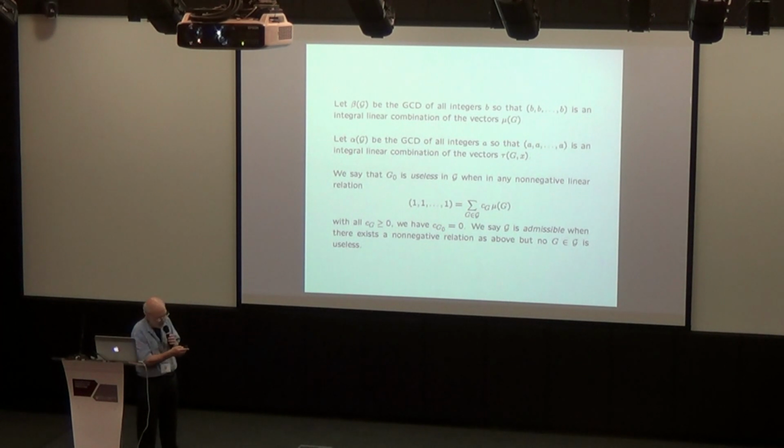This is funny language. I wish I hadn't used it. G is admissible when there's this non-negative relation here, the family, and useless. No graph is useless. When is a graph useless? When it can never be used. So, I should have said things differently.